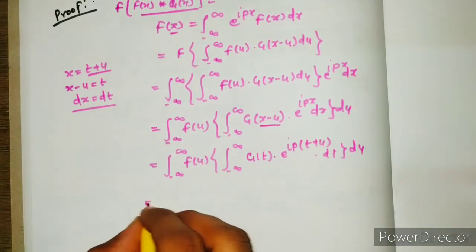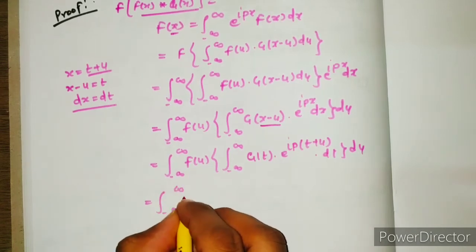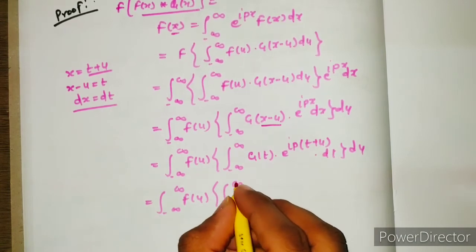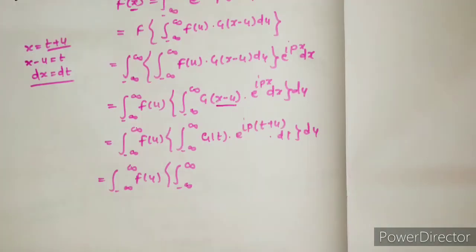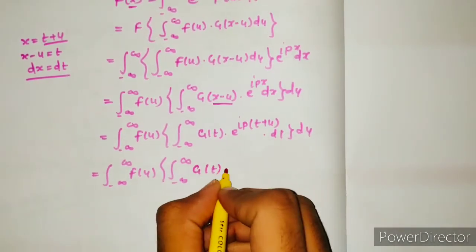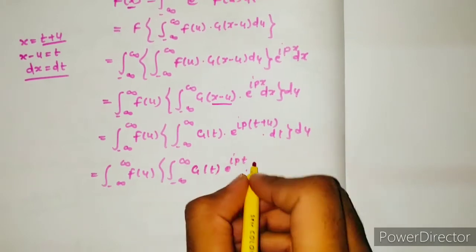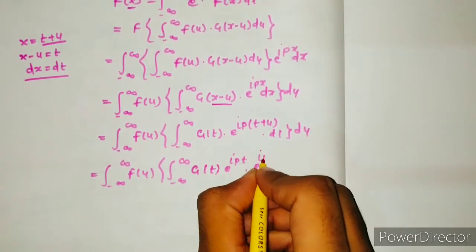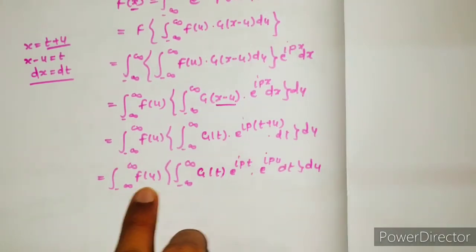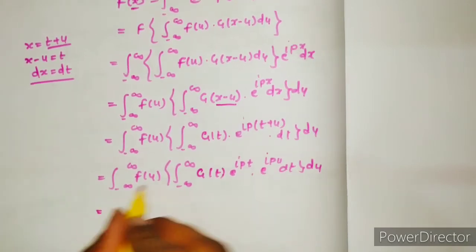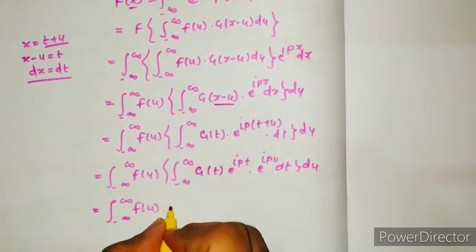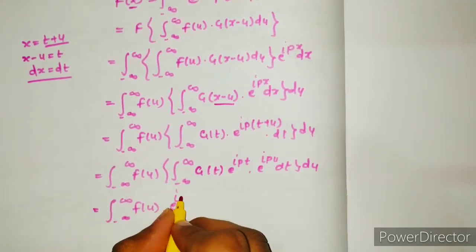Solving, the integral of f(u) times the integral of g(t) e^(ipt) times e^(ipu) dt du. This is the u term, and this is the t term. So outside the bracket we have the integral of f(u) e^(ipu).